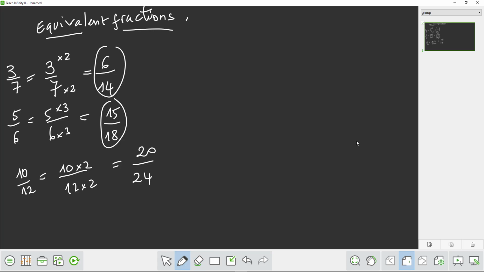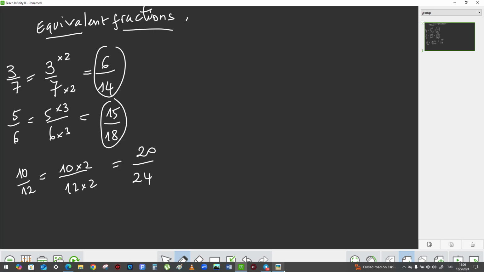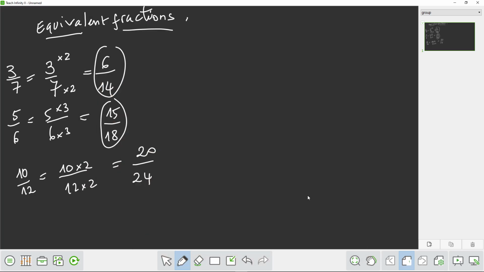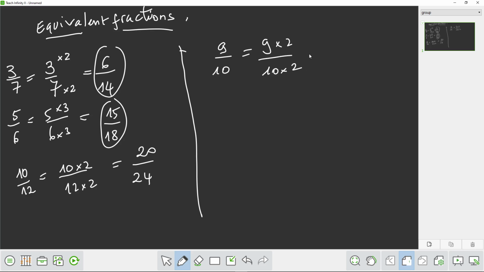The last example, 9 over 10. So let's say 9 over 10, you can take 9 times 2 over 10 times 2. And then 9 times 2 is 18 over 10 times 2, which is 20. This is the equivalent fraction, and it's finished.